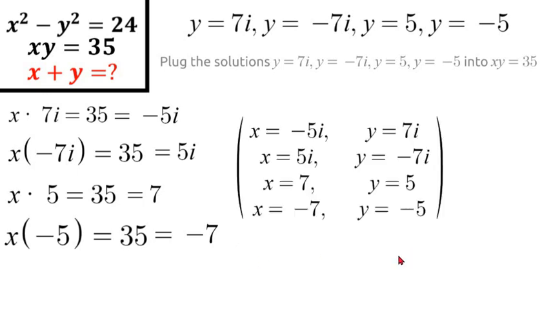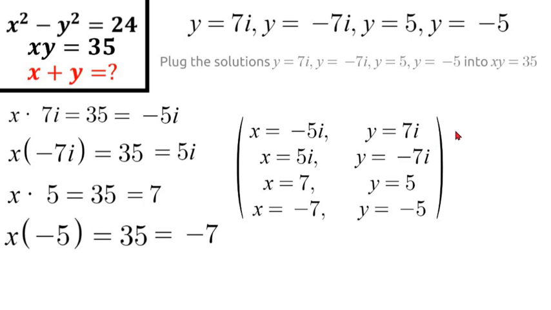So if we put all of our x and y values here, right, this is where we have solved up to this point. We know what x and y is equal to in each scenario. Now what the problem is asking for is x plus y, right? So this is where we can just add across.